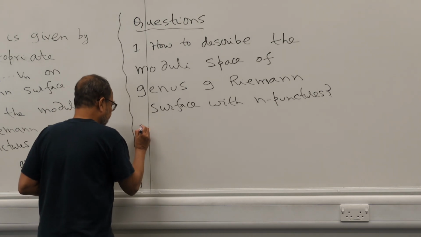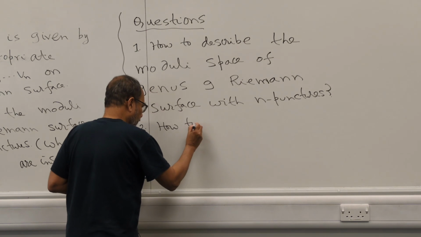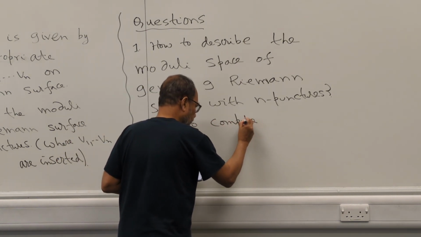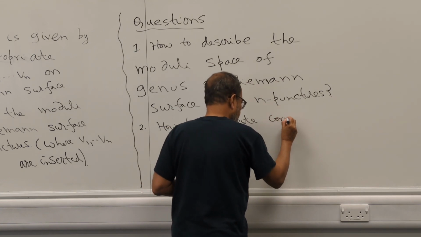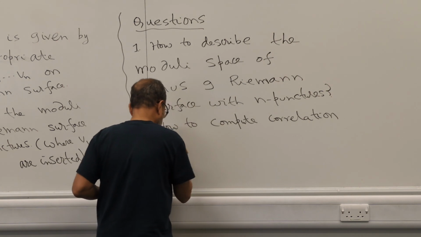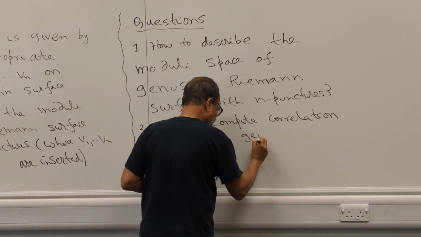Then the second question is how to compute correlation functions on a genus g Riemann surface.